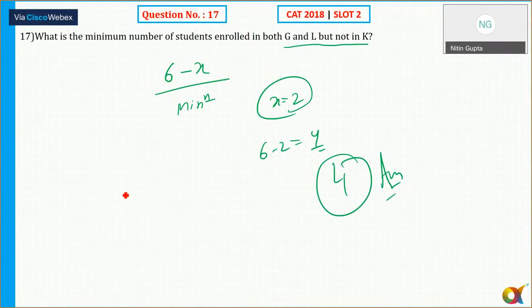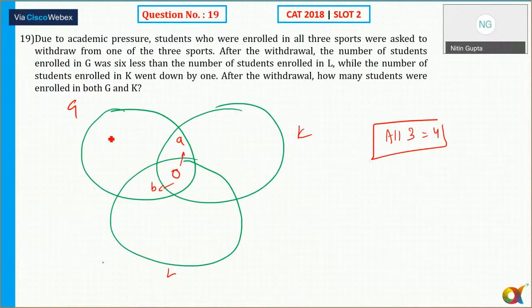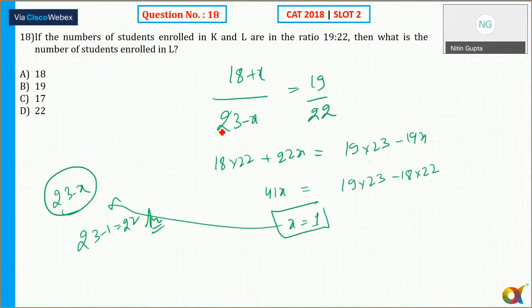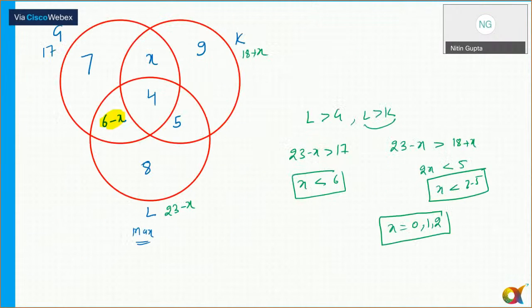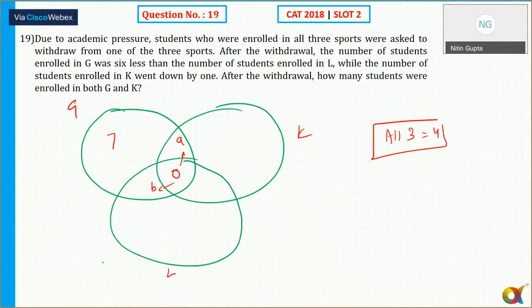Initially it was 7, 9, 8, and this was equal to 5 here. That was given, and this was X. So this will become X plus A, and this is 6 minus X plus B.